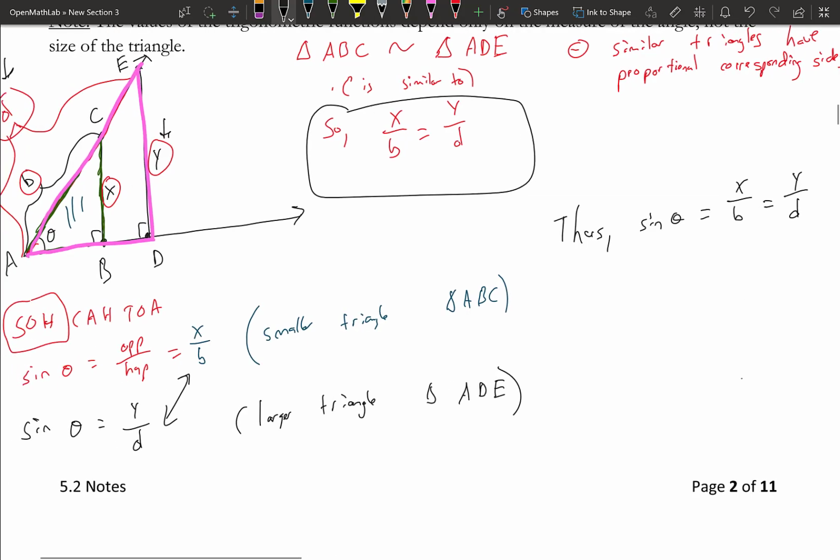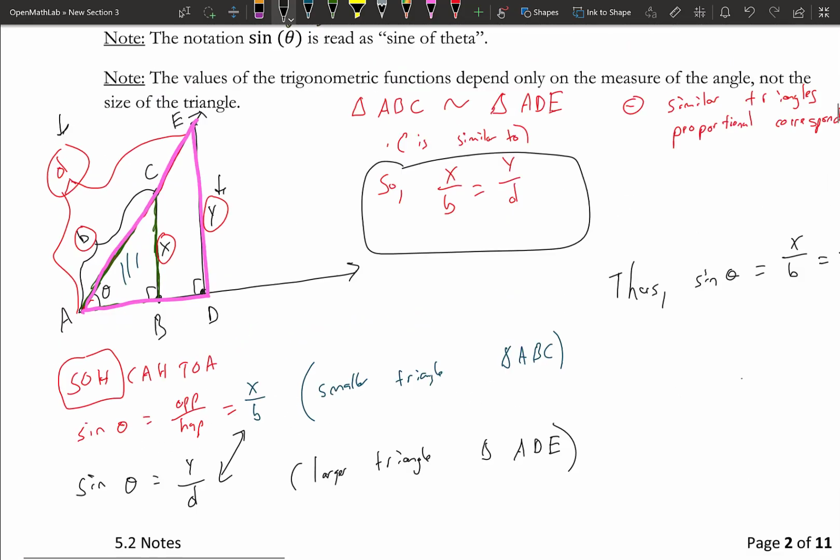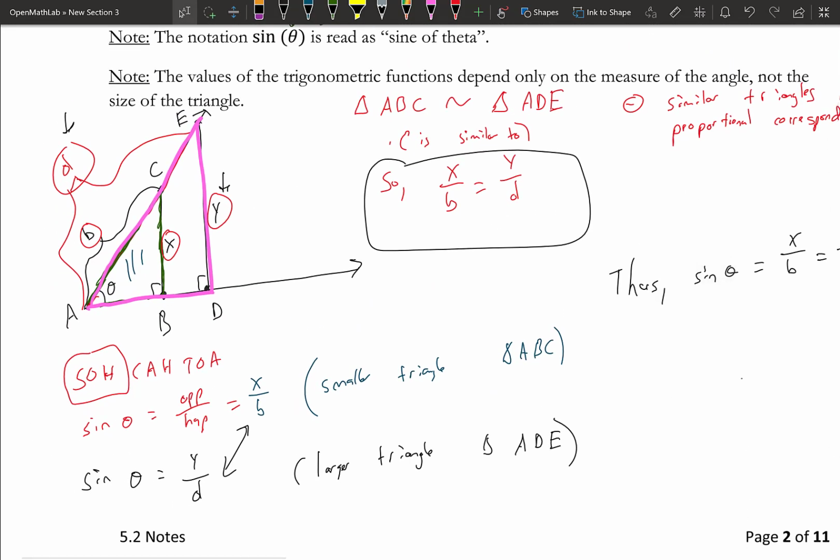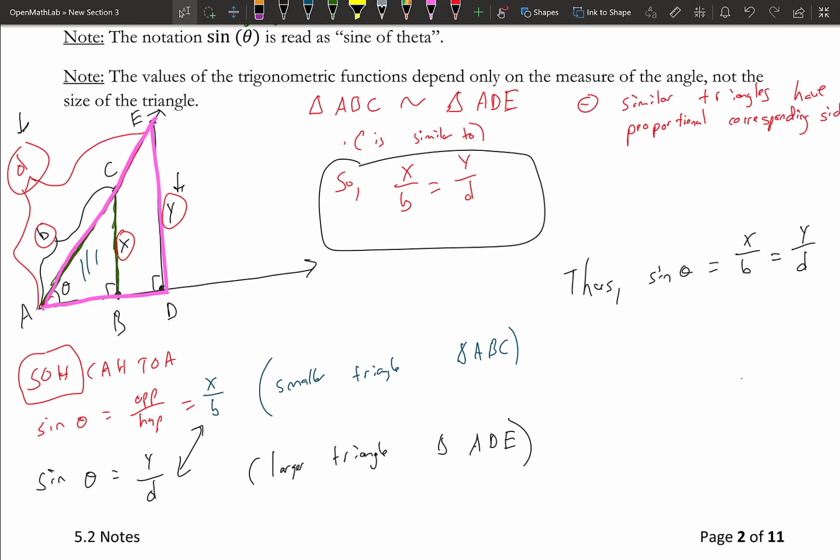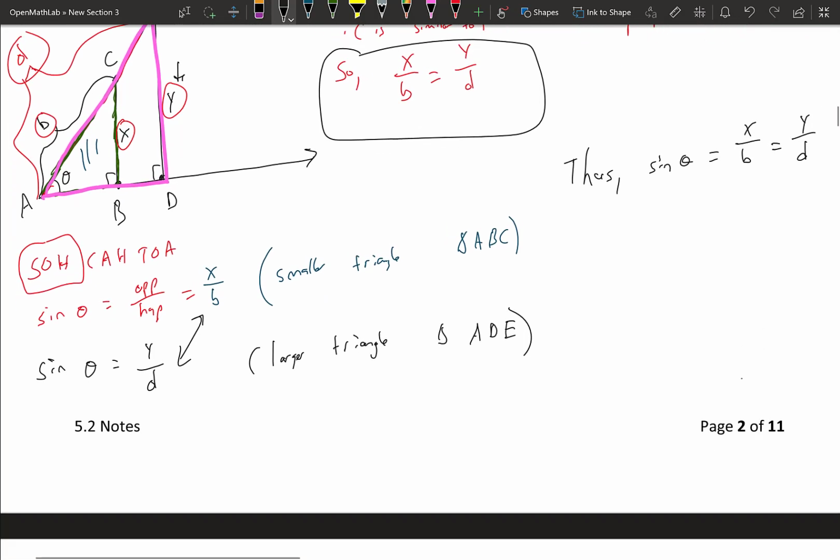That's trying to convince us of the note: the values of the trigonometric functions depend only on the measure of the angle, not the size of the triangle. In other words, if I have two similar triangles and one's bigger, the sine of a given angle is the same. It doesn't depend on the size, just on the measure of the angle.